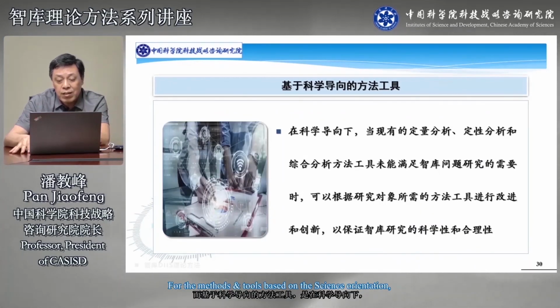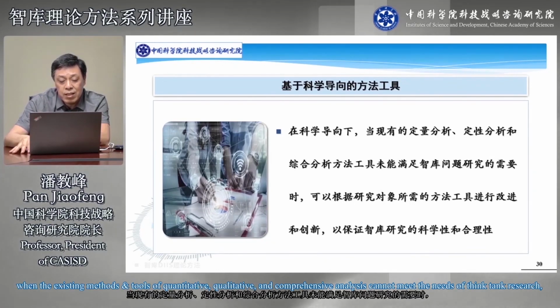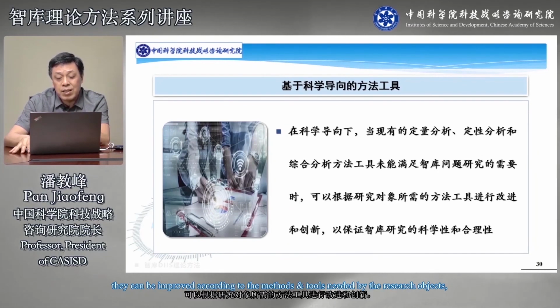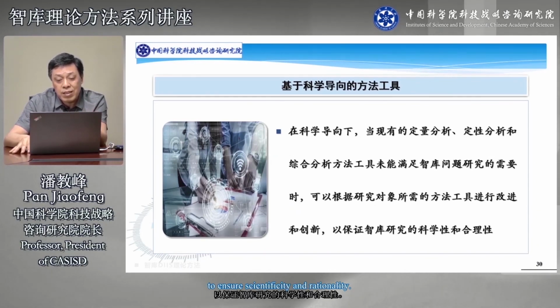For the methods and tools based on the science orientation, when the existing methods and tools of quantitative, qualitative, and comprehensive analysis cannot meet the needs of think tank research, they can be improved according to the methods and tools needed by the research objects to ensure scientificity and rationality.